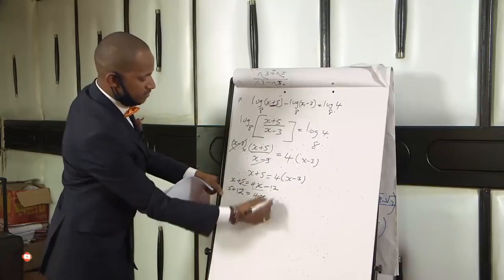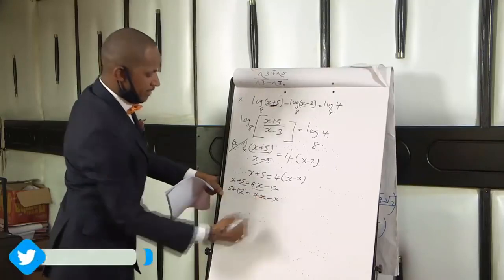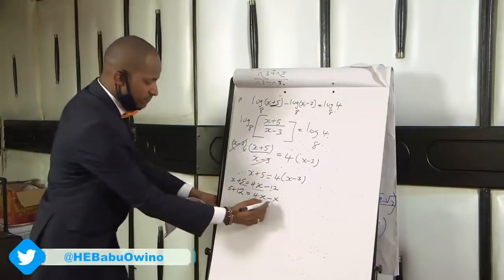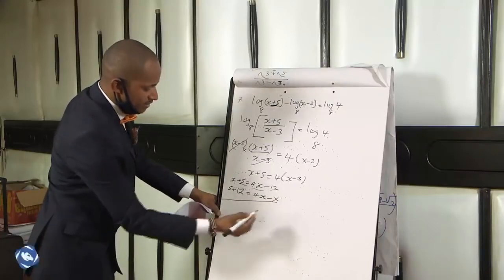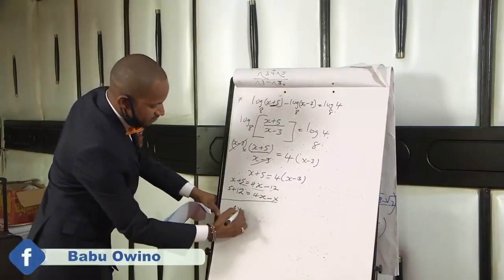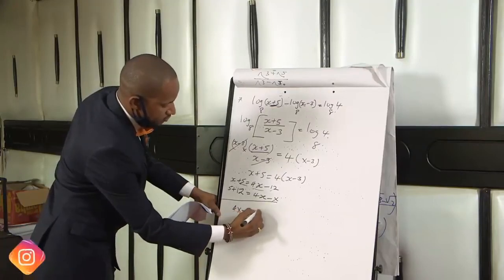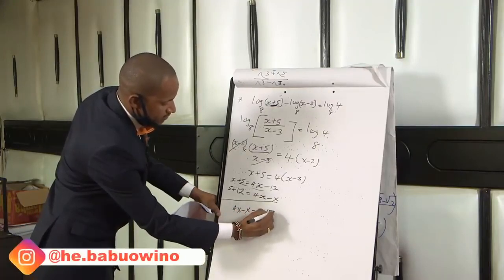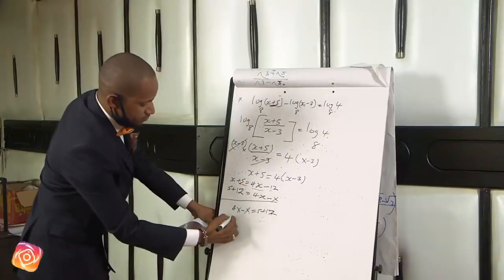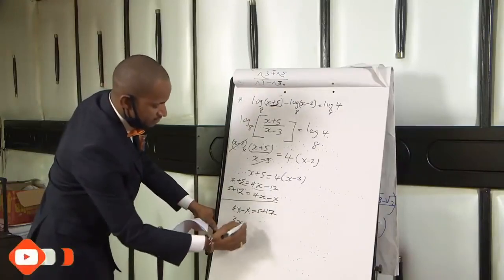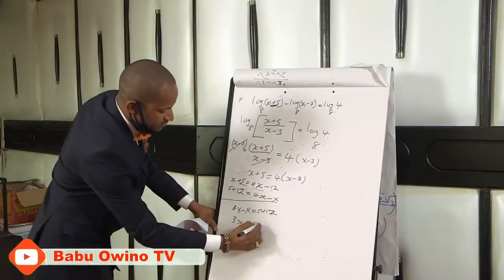Then bring x to the other side, it becomes minus x. Therefore, this equation can also be rewritten as 4x - x equals 5 + 12. So 4x - x is 3x equals 5 + 12 which is 17.